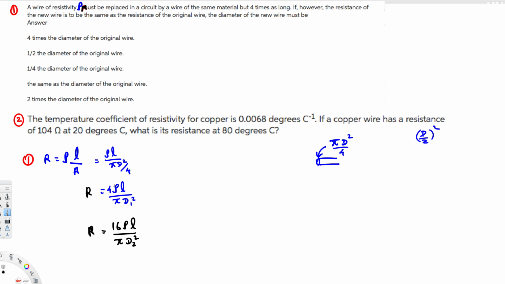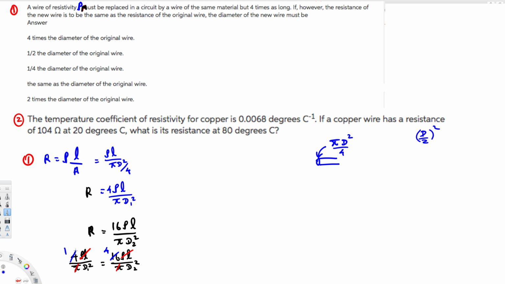So let's equate both of these and see what we get. Here we have 4 rho L over pi d1 square equal to 16 rho L divided by pi d2 square. Let's cancel everything we can cancel. Rho L cancels, pi cancels, and 4 and 16 can be rewritten as a 1 to 4 ratio, because 4 times 4 is 16.